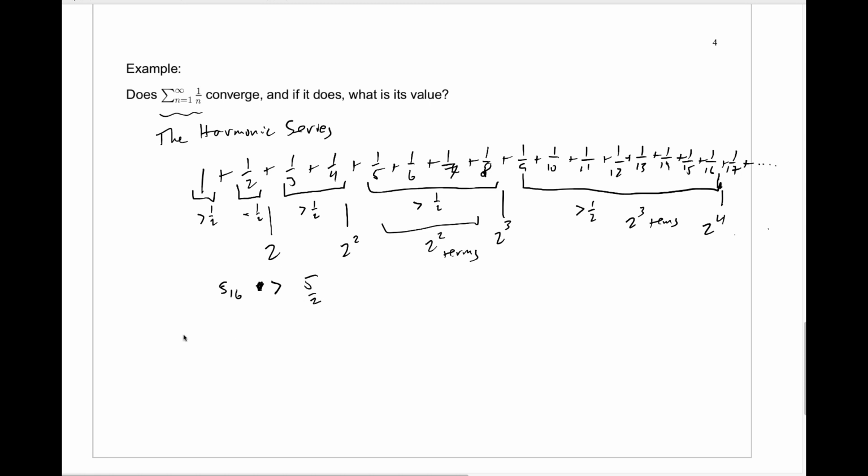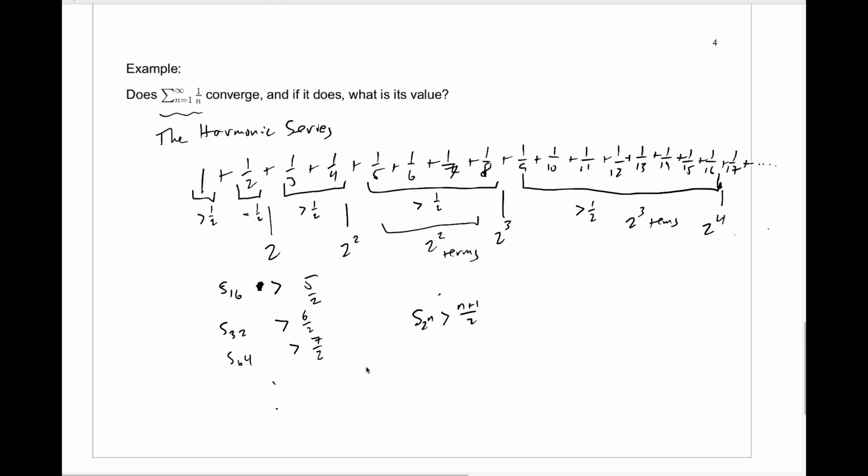If I went out to the next power of 2, s sub 32, I would have another half, so that would be greater than 6 halves. S sub 64 would be greater than 7 halves, etc. In other words, the 2 to the nth partial sum, not the nth partial sum, but if I go all the way out to 2 to the n, this pattern continues, and that would be greater than n plus 1 over 2.